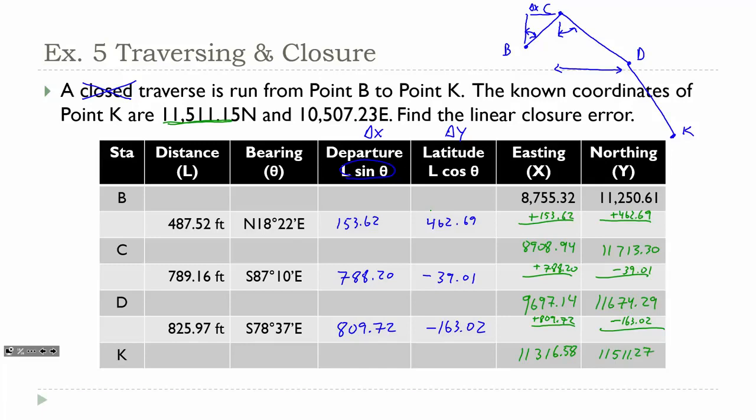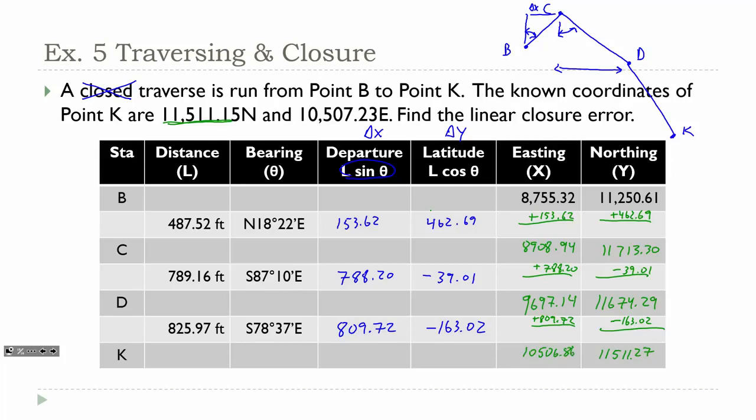Oh, so actually that's the one that gets compared. How is this so far off? Check that last calculation. That should only be 10,000 something. 10,506.86. I don't know how I got that.